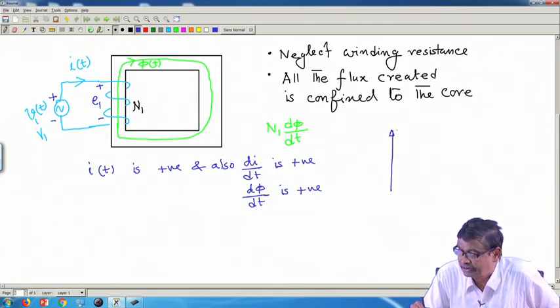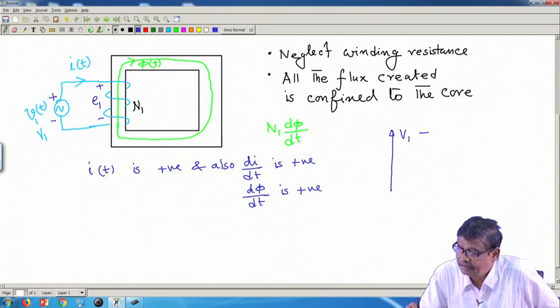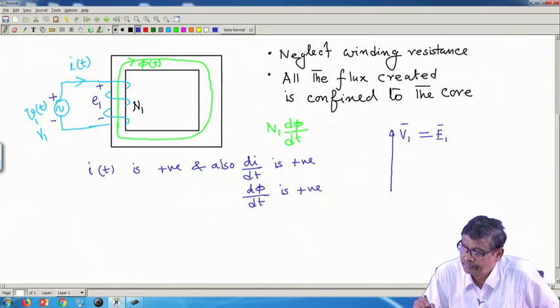If you draw the phasor diagram, I will draw this as V1 and this is also equal to E1, that is, both V1 and E1 are in phase.